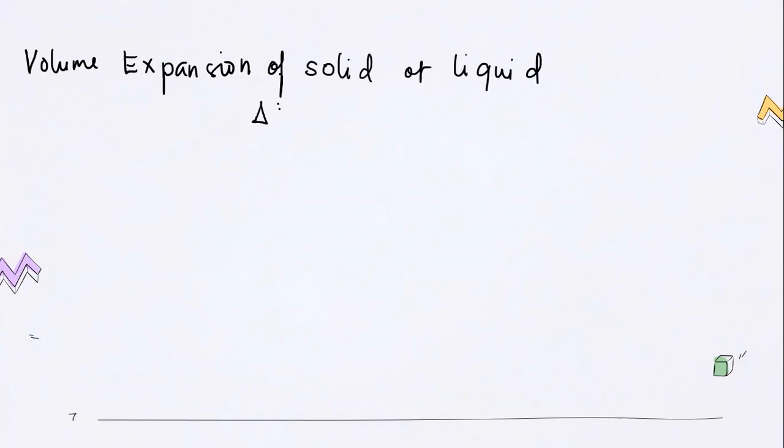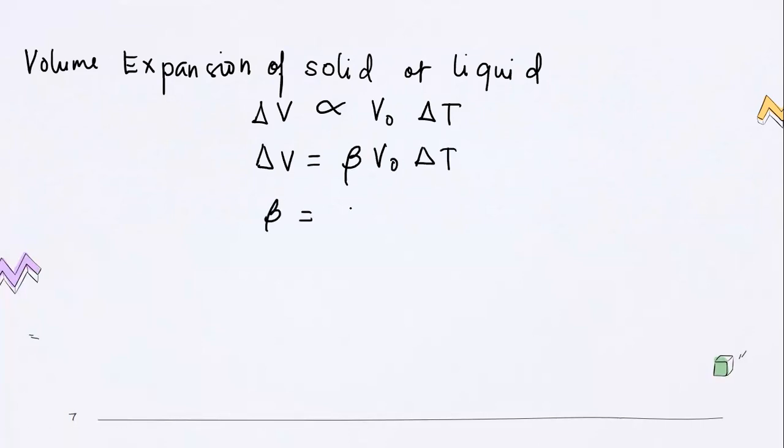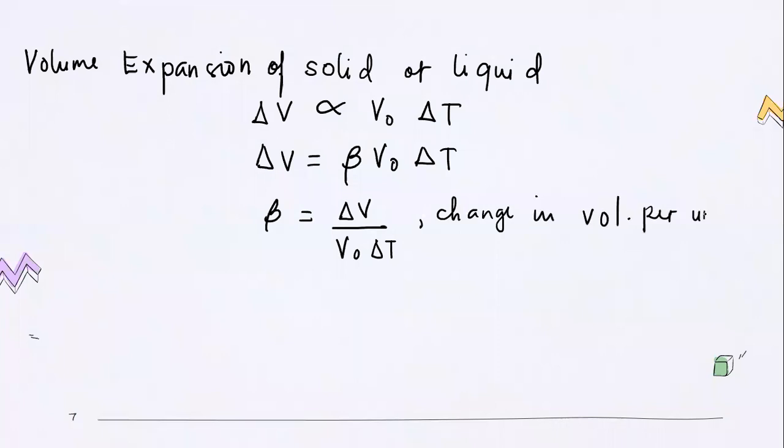The change in volume is directly proportional to the initial volume times delta T, where change in volume is equal to beta V sub O delta T, and beta is equal to delta V over V sub O delta T. This is the change in volume per unit volume per degree rise in temperature.